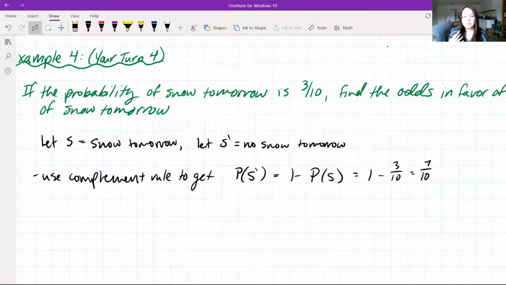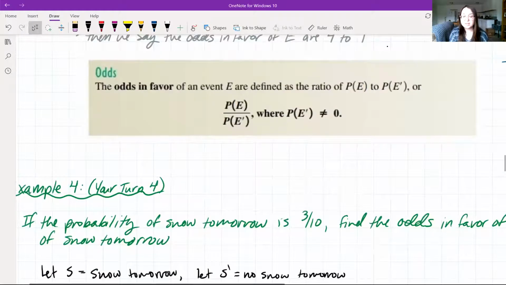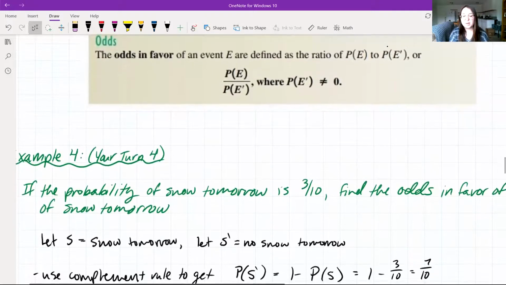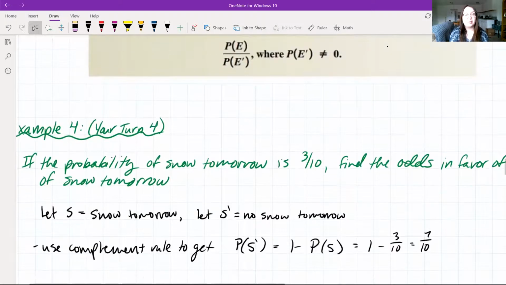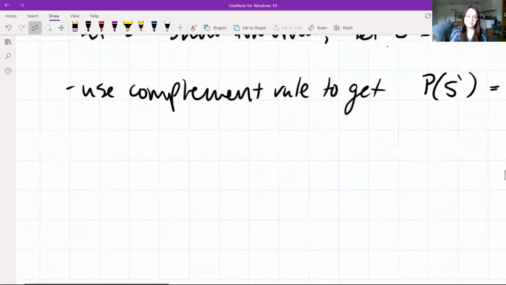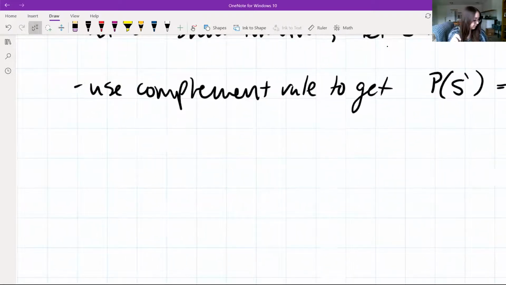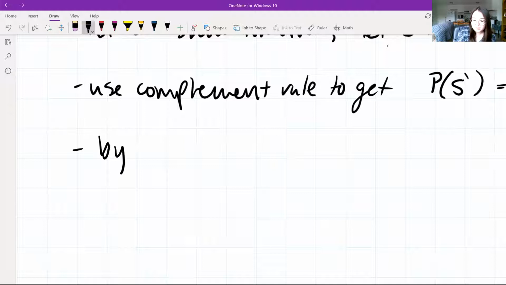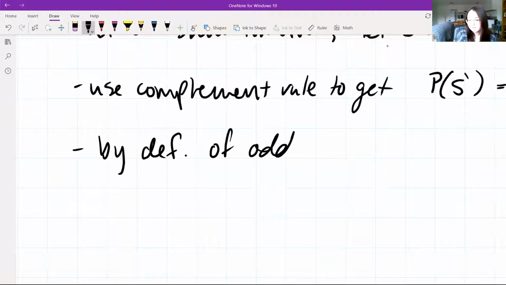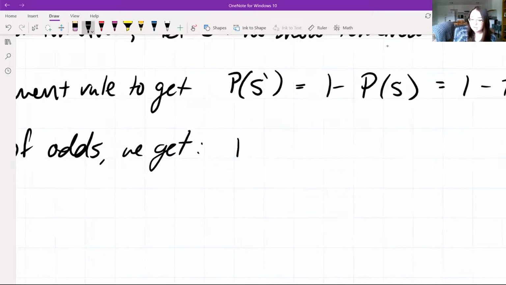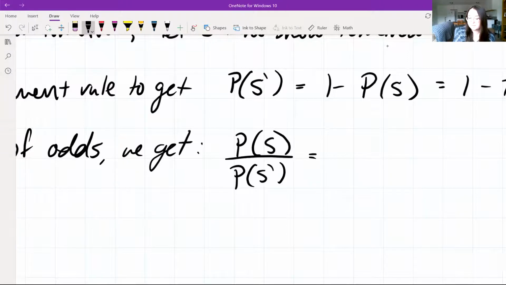Now we know our values of our probability of snow and our probability of no snow. And remember, we want to write this in odds, so we're going to calculate our probability of snow divided by our probability of no snow. So by our definition of odds, we get P of S divided by P of S prime.